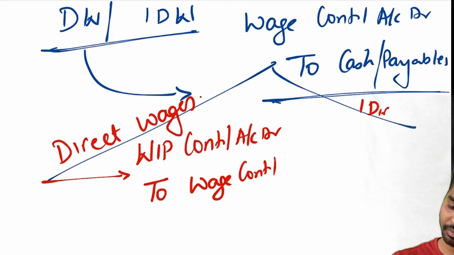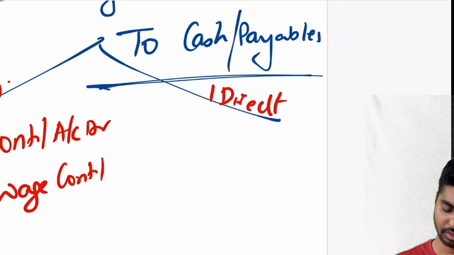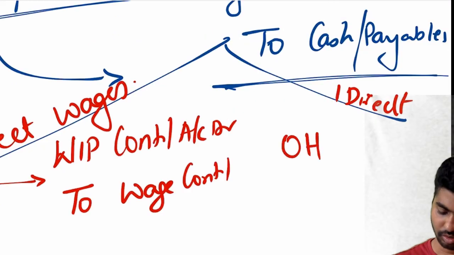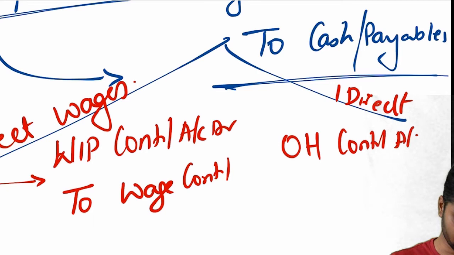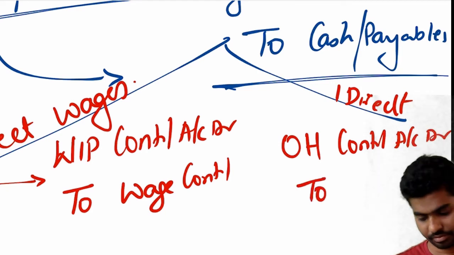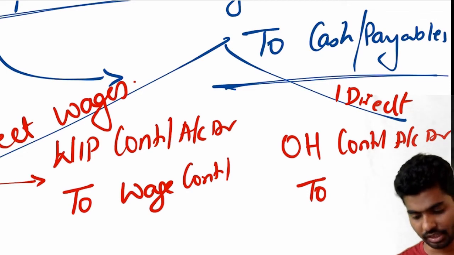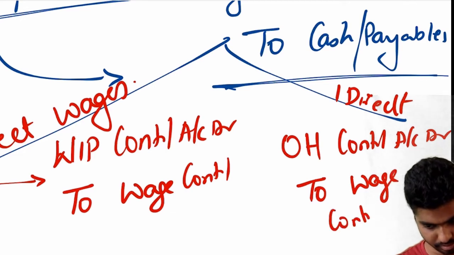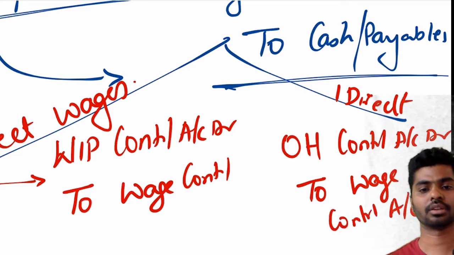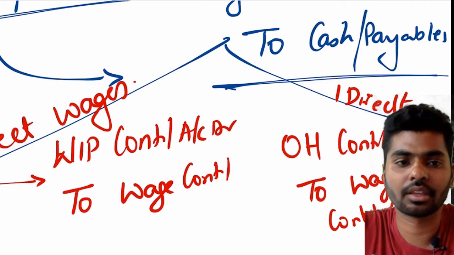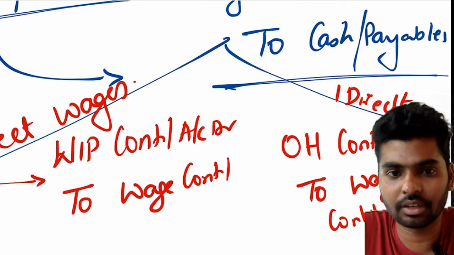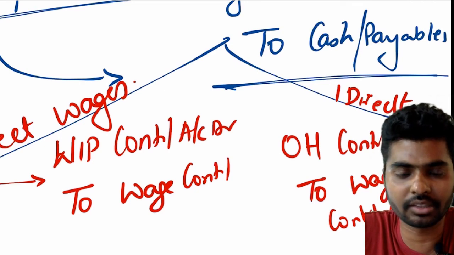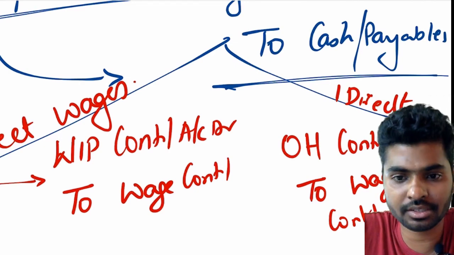If it is indirect, it will go to which account? Indirect, it will go to overhead control account debit to wage control account. So are you clear with the direct materials and wages?